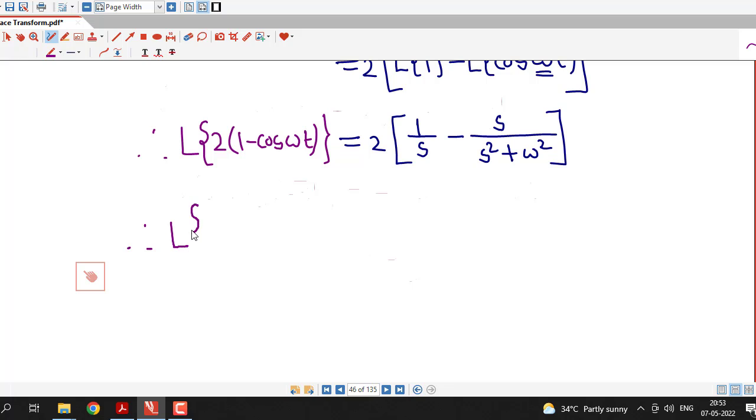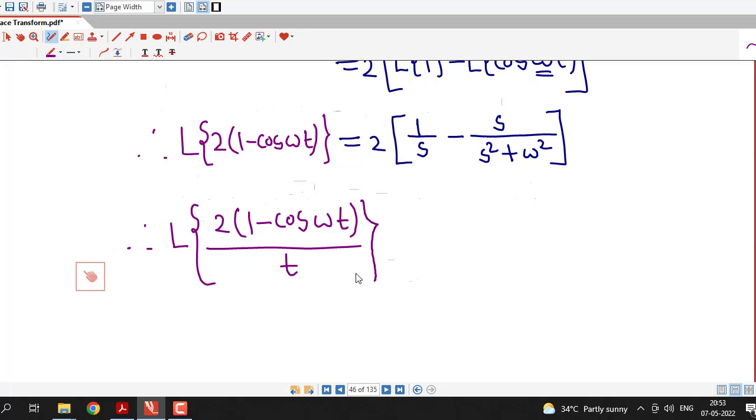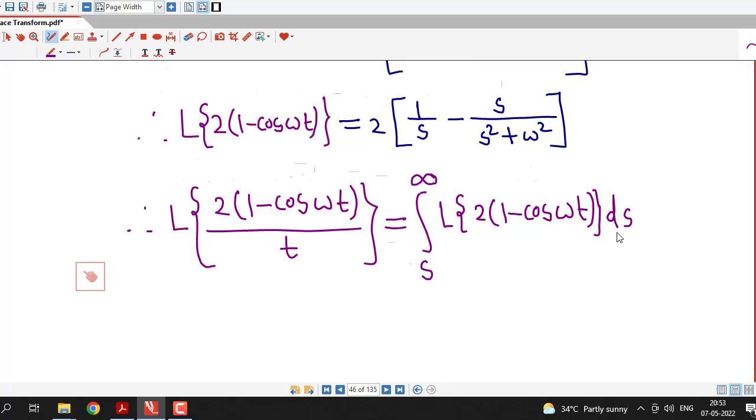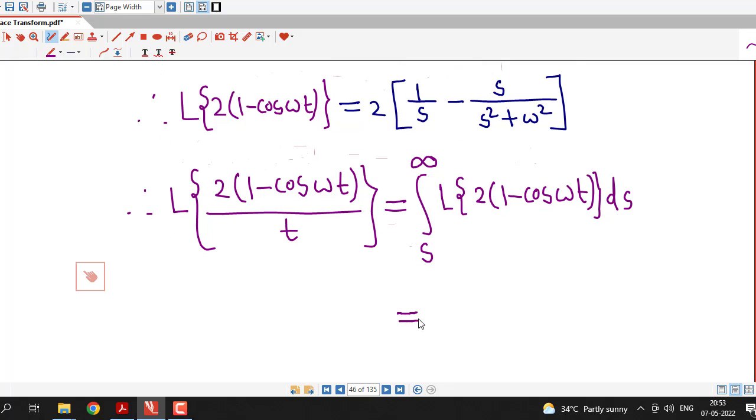Now we are interested in the Laplace transform of 2 times 1 minus cos omega t divided by t, and using that formula for division by t, we write this as integral of Laplace transform of 2 times 1 minus cos omega t. Integral is with respect to s, and this Laplace transform we have obtained. So we now write down value of this Laplace transform.